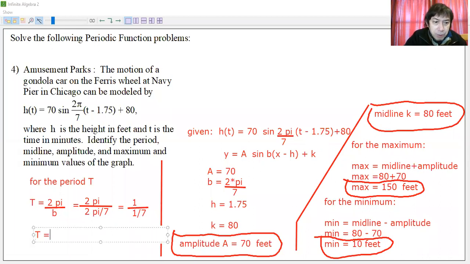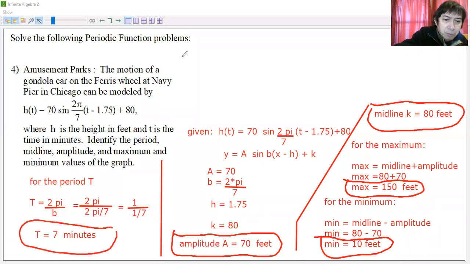The final answer is just 7 units of time. And our unit of time here is minutes. So this will be 7 minutes there. And so this is our answer. Okay, so 7 minutes, that should be it.